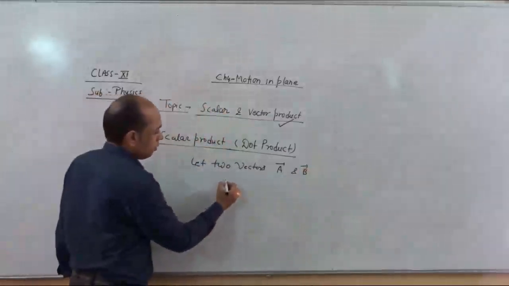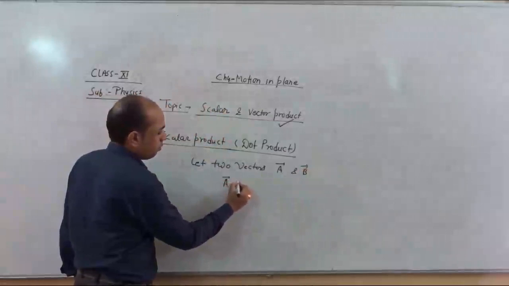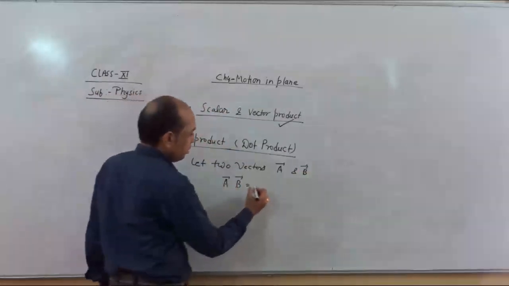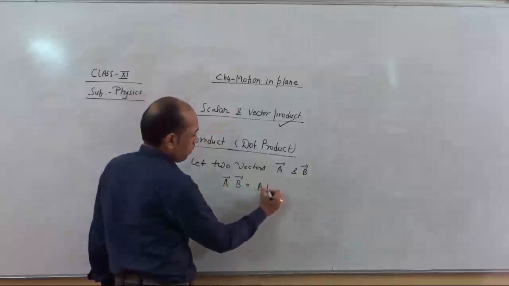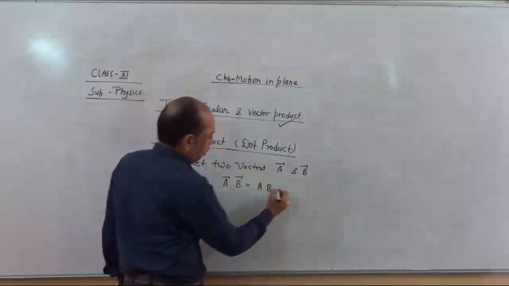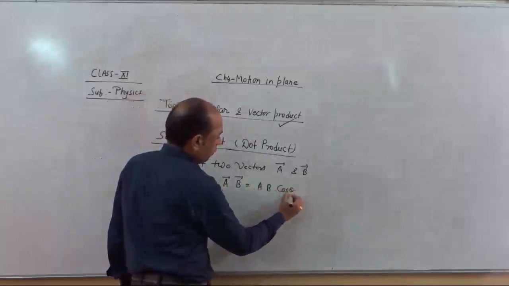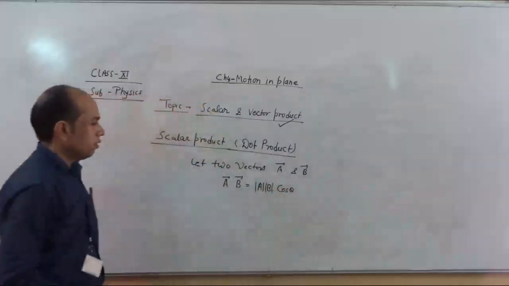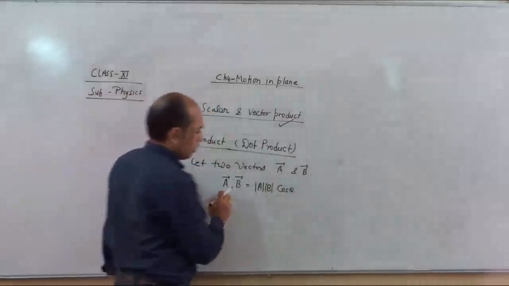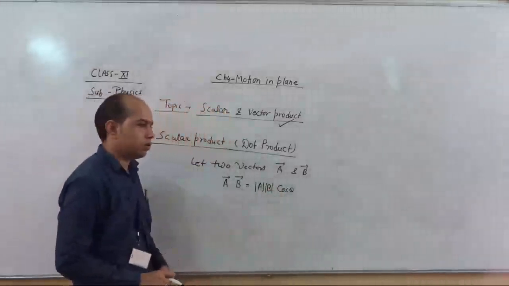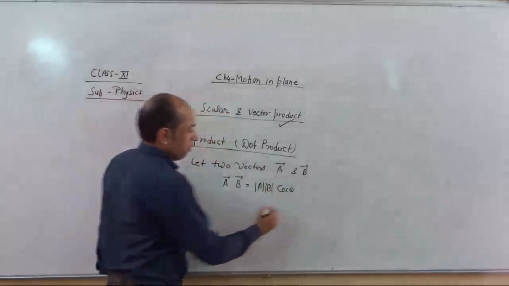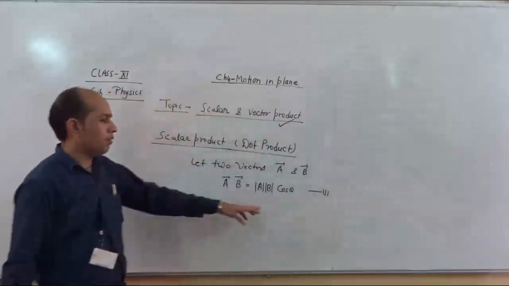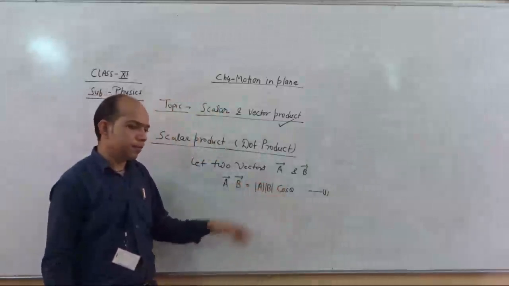So A vector dot B vector is equal to AB cos theta. So this is the scalar product: A dot B is equal to AB cos theta. And via this we easily find out the angle between two vectors A and B.